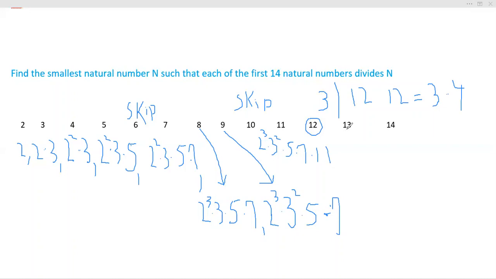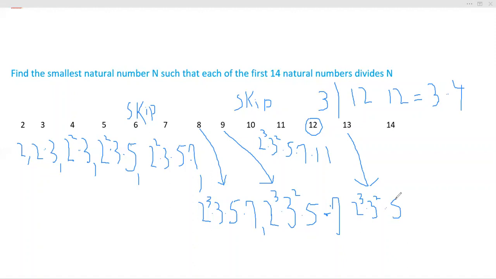Okay, now 13 is a prime number and not included, so we have to get that written down. Let me come down here. I'm just going to recopy this, 2 cubed times 3 squared times 5 times 7 times 11.